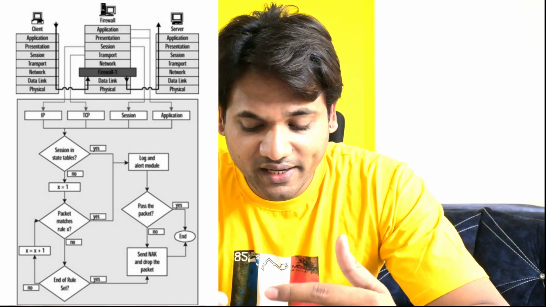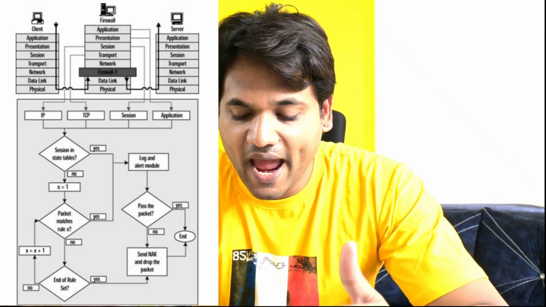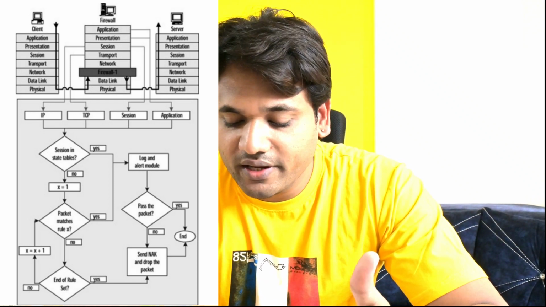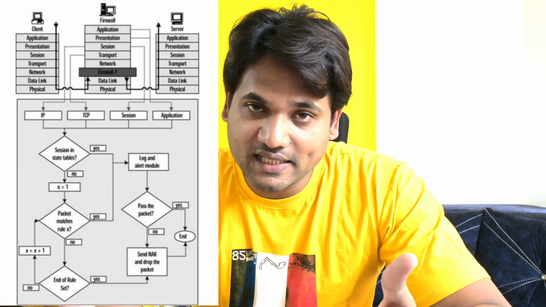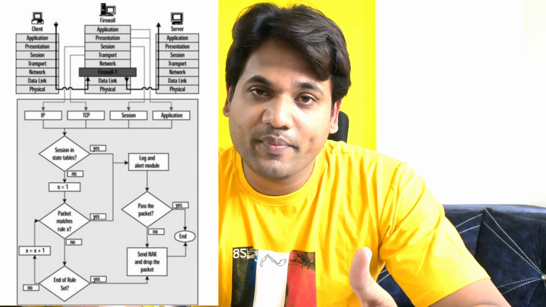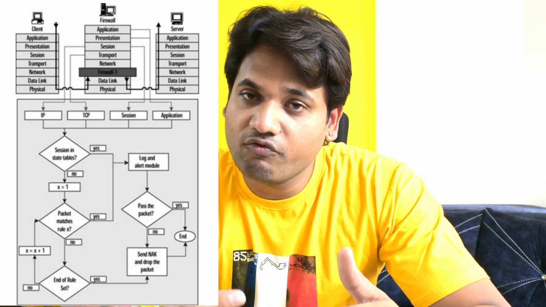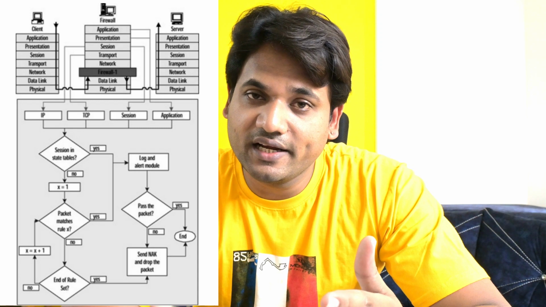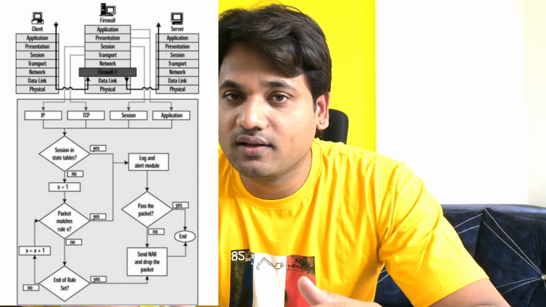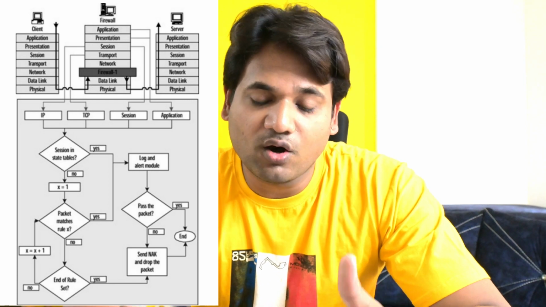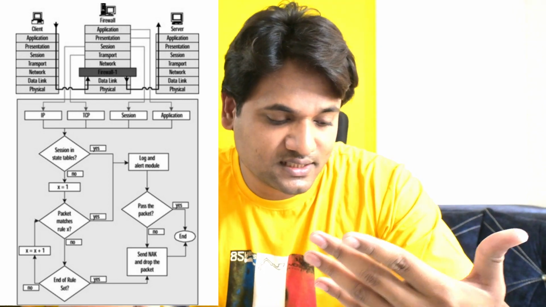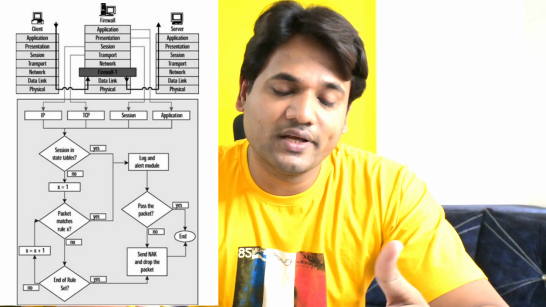Now when it's a new connection and a decision is being made whether that packet needs to be allowed or not, if the packet does not match one rule, then it goes to another rule until a rule is satisfied. That is how the security gateway stateful inspection architecture works.